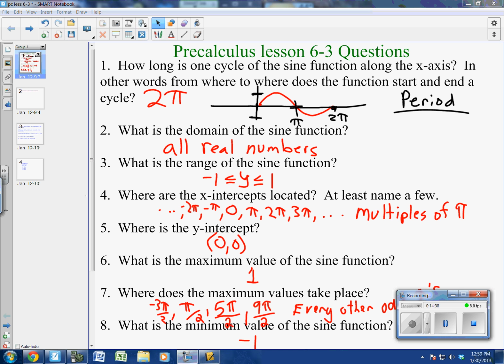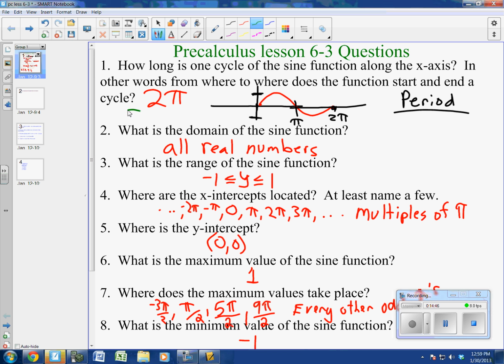Okay, you guys, let's see how you did on that. Okay, number 1. What's the cycle of a cosine function, you guys? 2 pi again, okay? Number 2, what is the domain of the cosine function? All reals, same as that. What is the range? Same.